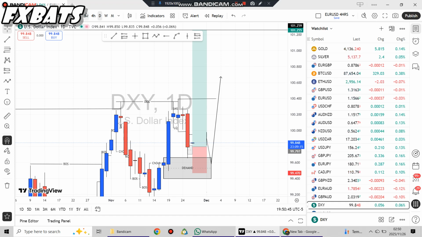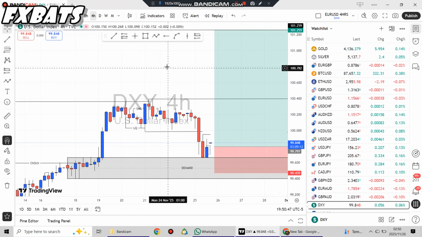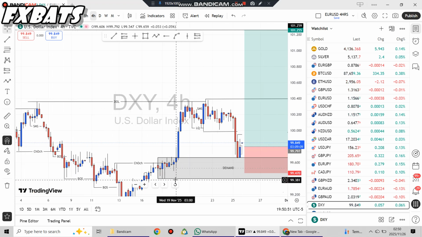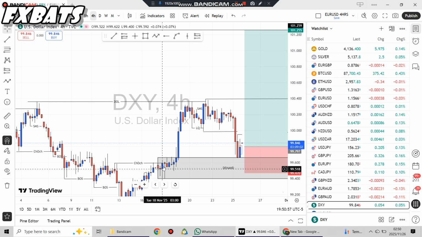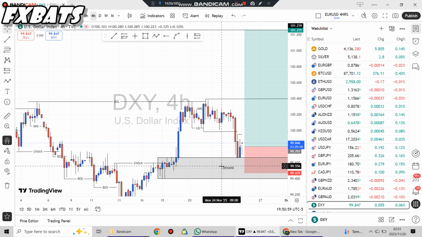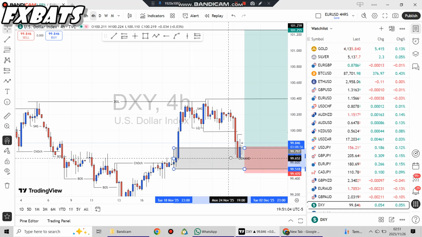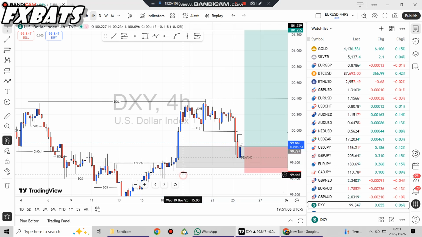So let me go to H4. On H4, we're going to see it clearly. You could see this is the daily order block I'd marked on the daily. If I'm to refine it, I'll be marking this as my H4 order block.